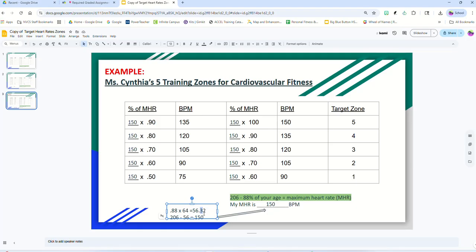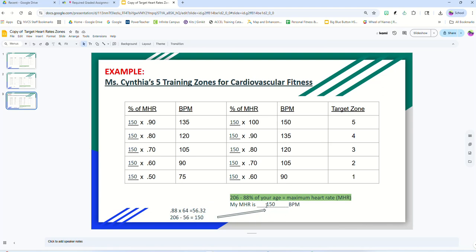So like I said, for me, it's 56. Then I take 206 minus 56, which is 88% of my age, and it equals 150. So now 150, this here, is my maximum heart rate.